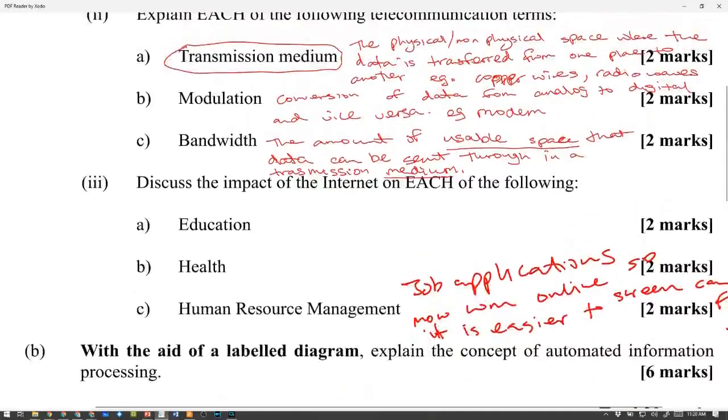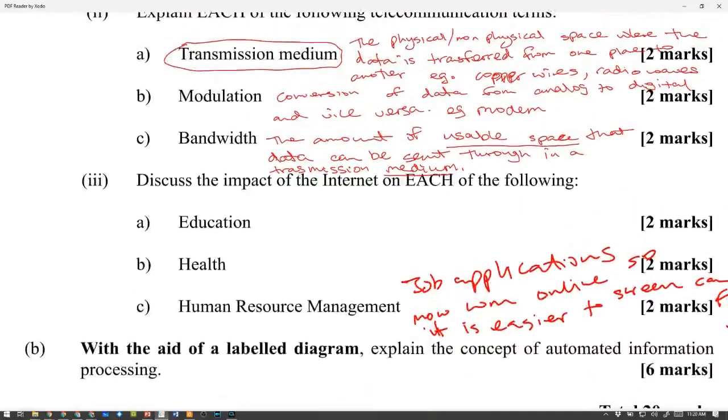All right, discuss the impact of the internet on each of the following: education.